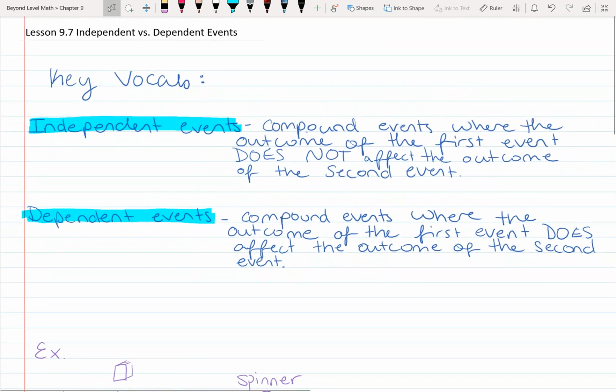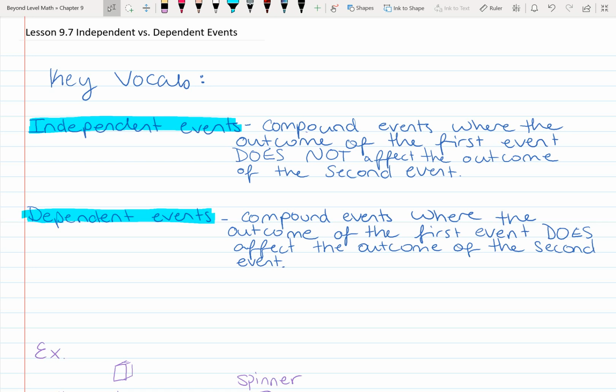Key vocab: an independent event and a dependent event. Just like an independent and dependent variable, the independent variable and the independent event means that one does not affect the other. So an independent variable, your x, nothing affects the x, right?